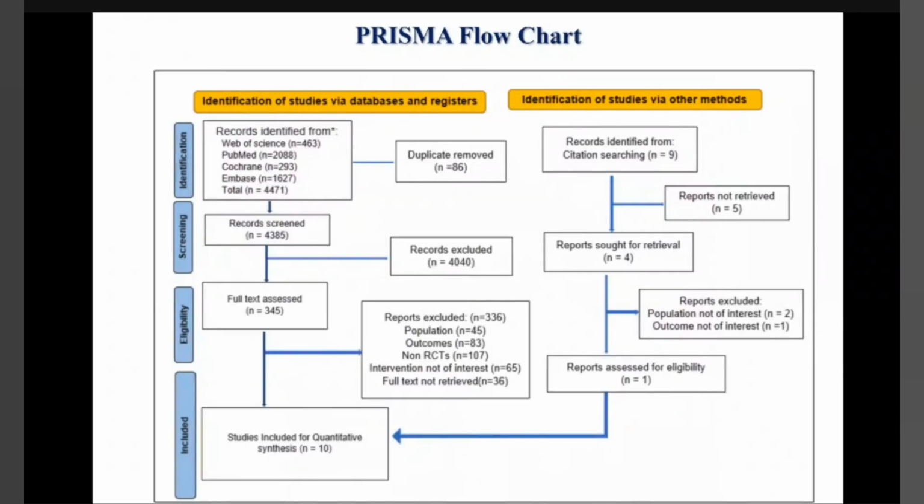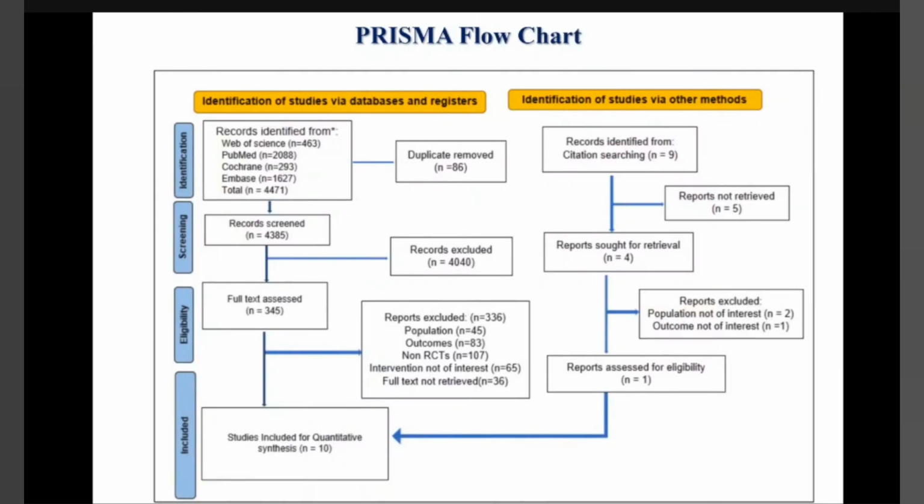So we have to document step by step how many articles you have screened from the databases, and how many from other places. While screening, you may have searched the references, or searched on Google and found some more references related to the article. This is how you need to proceed.